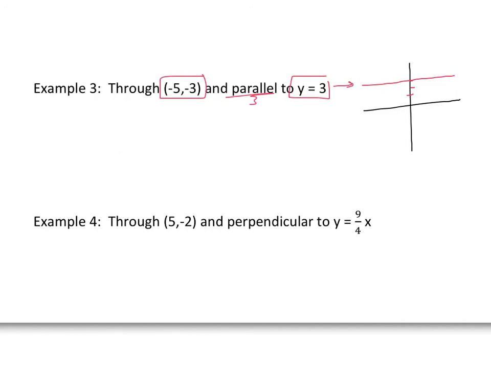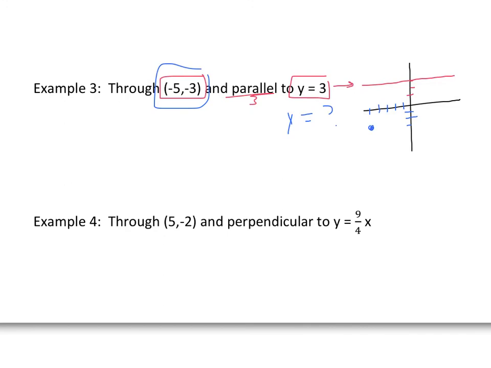So that is y equals 3. We want a line parallel to it. Now if it's parallel to that, it's going to have the same slope, look the same, so we know right away that it has to be y equals something. Well, here's our point. It has to go through negative 5, negative 3.